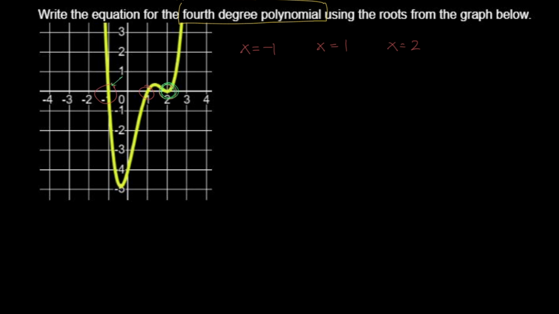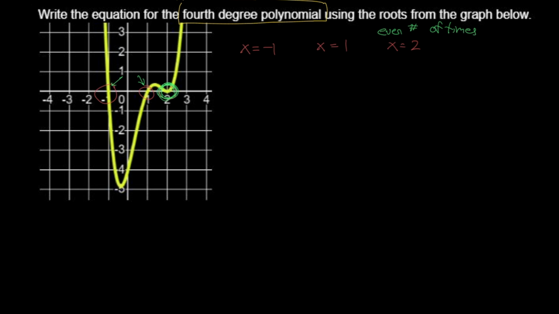At -1 and +1, it goes through the x-axis, but at x equals 2, it just touches the x-axis or is tangent to the x-axis. That means this one occurs an even number of times. That's going to be important in a second.